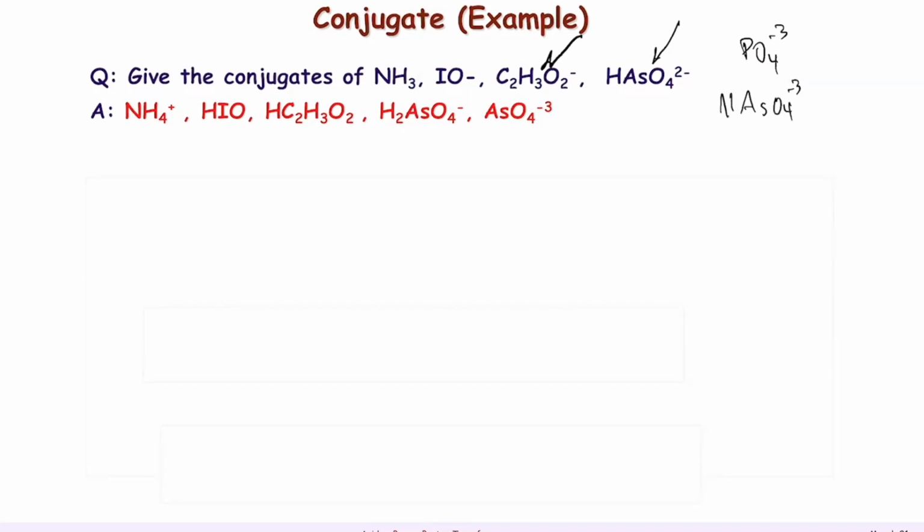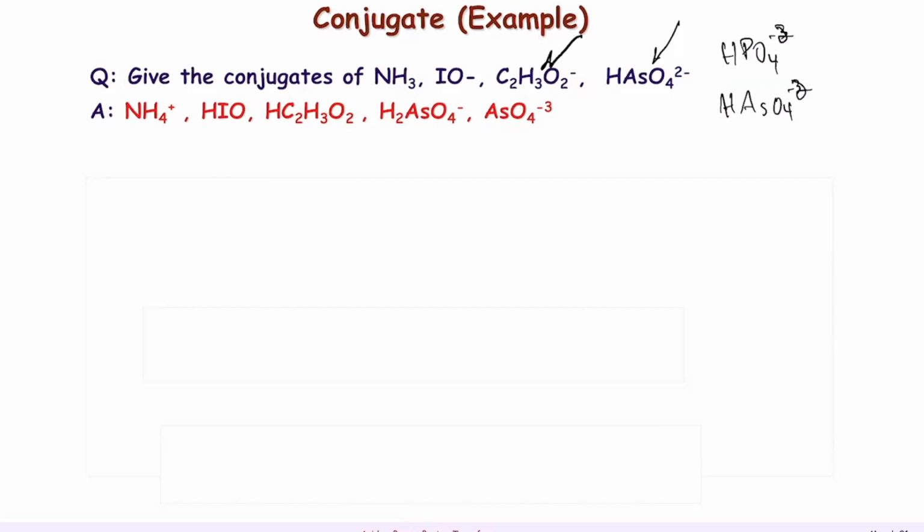And AsO4, now it's minus 2, is biarsenate, just like PO4 minus 2 is biphosphate. So again, you don't have to memorize these chemicals just because you haven't seen them before. Recognize the family that it comes from and remember that pattern.